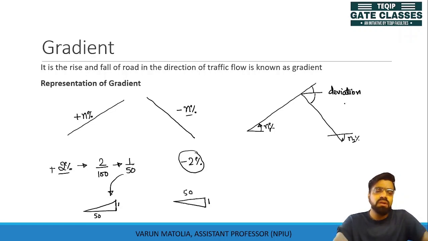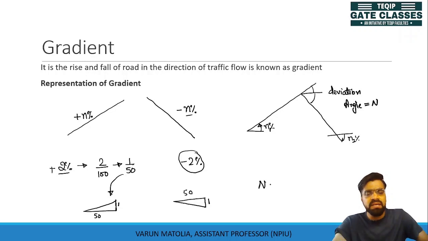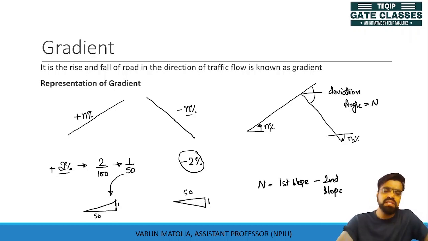Deviation angle will be represented by n. Deviation angle is first slope minus second slope.